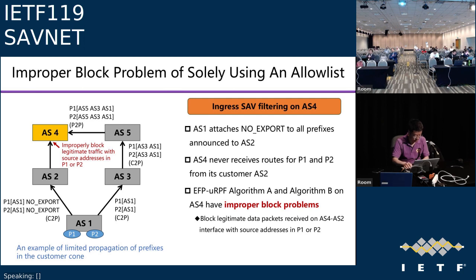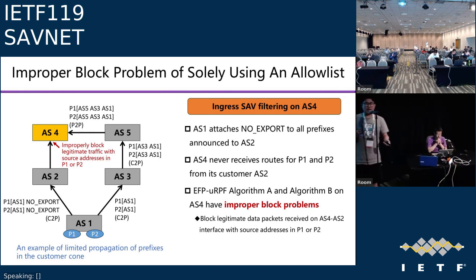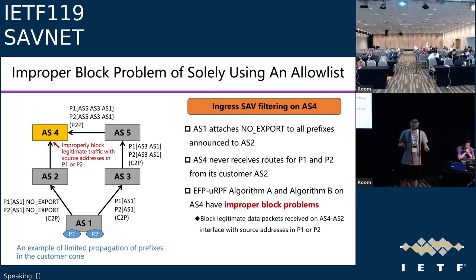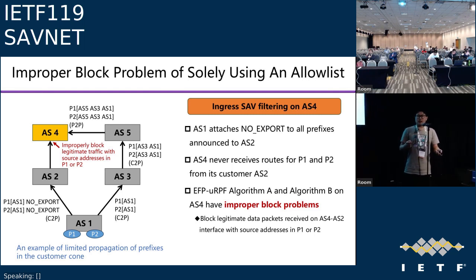So in this way, AS4 will never receive routes for prefixes P1 and P2 from its customer AS2. In this case, EFP-UIPF algorithm A and algorithm B in AS4 will have improper block problems. It will block legitimate data packets received from AS2 with source addresses in prefix P1 or P2.